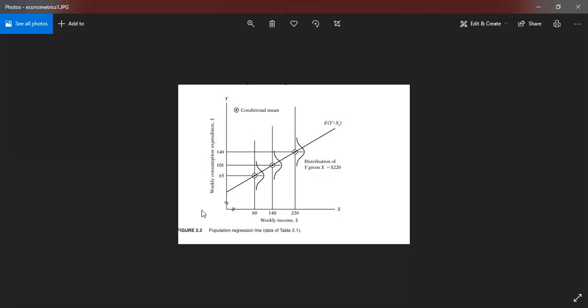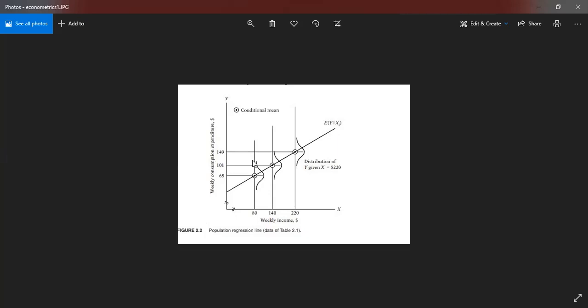That means we said that for one value of X, Y has a distribution. That distribution has a mean, that distribution has a variance, and so on. Do you remember that? That income 80, the consumption expenditure was 55, 60, 65, 70, 75, so on?